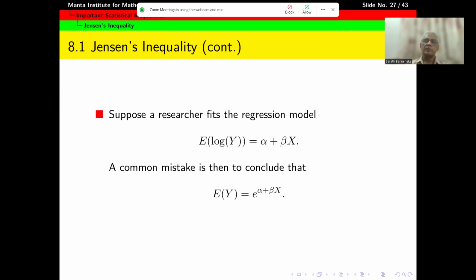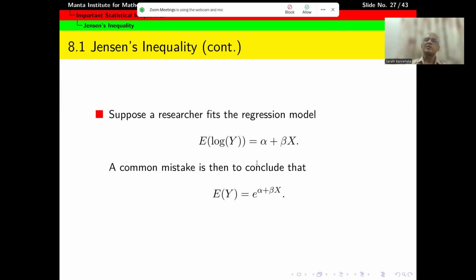But usually, in standard regression, there's an assumption that the y value for a given x, for a fixed x, is normally distributed, right? But there are situations where for a given x, y is not normally distributed, and therefore people are not able to directly use the standard regression method to find the model, the relationship.